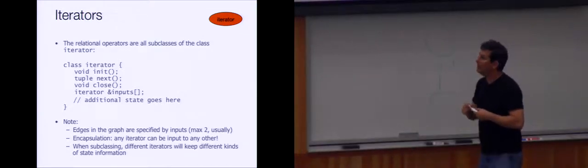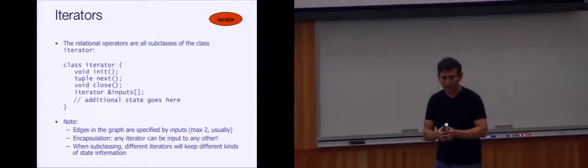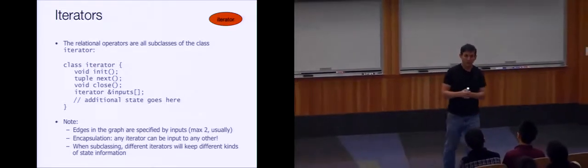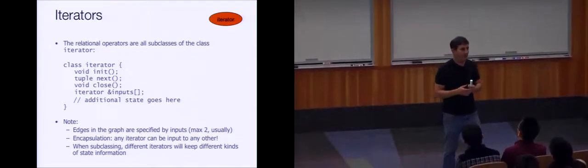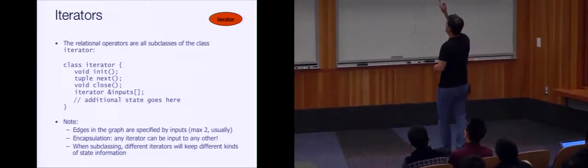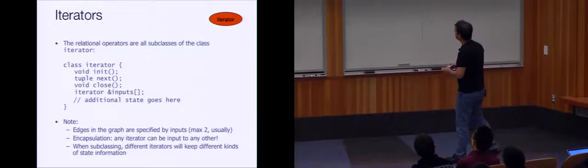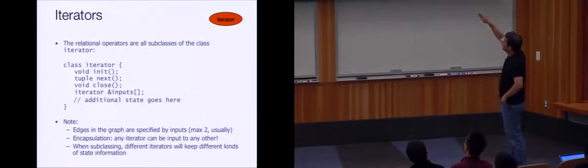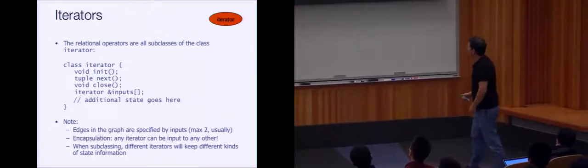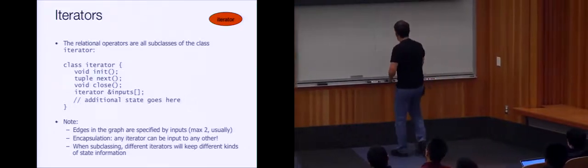Some subclasses of iterator will admit only one input. Some will admit two inputs. In principle, some could admit many inputs. All right? It depends how you implement your iterators. Typically in this class, we'll see iterators that take one or two inputs. And then anything else you want to do in your iterator, you can obviously subclass it and add additional state.